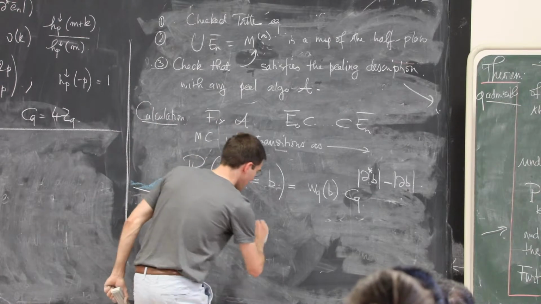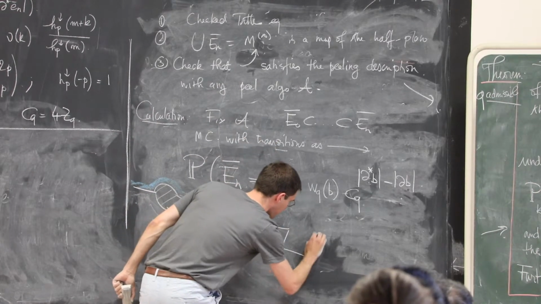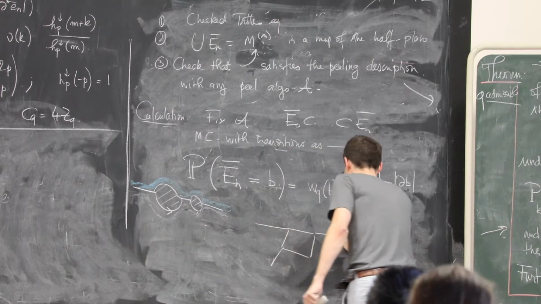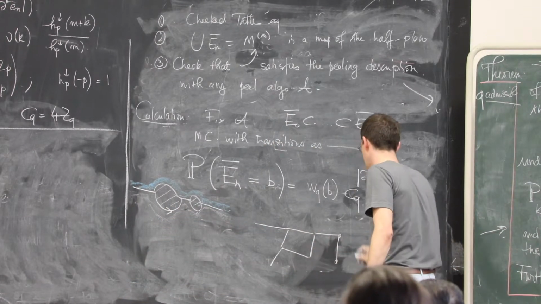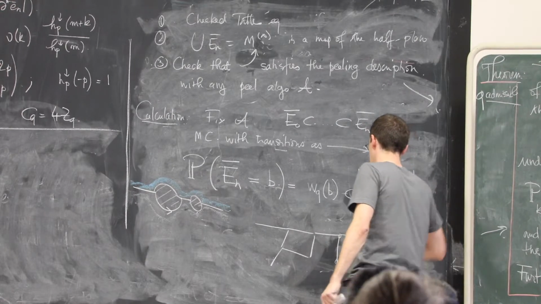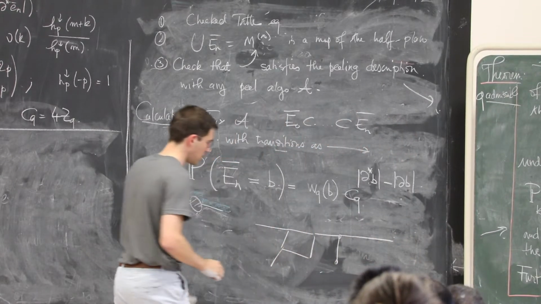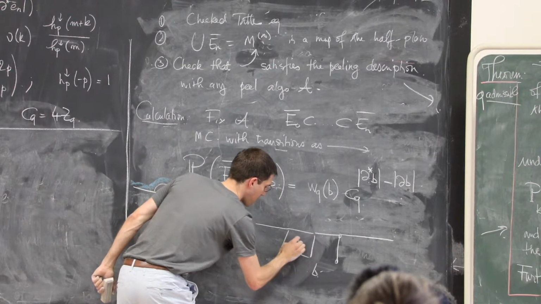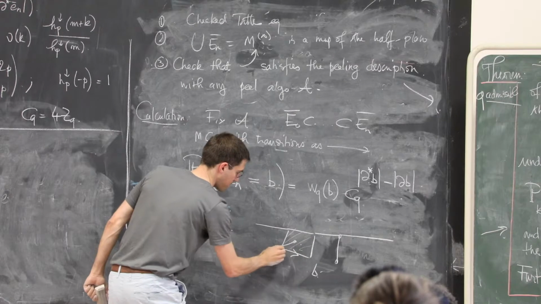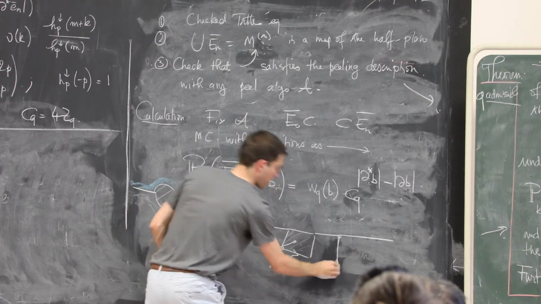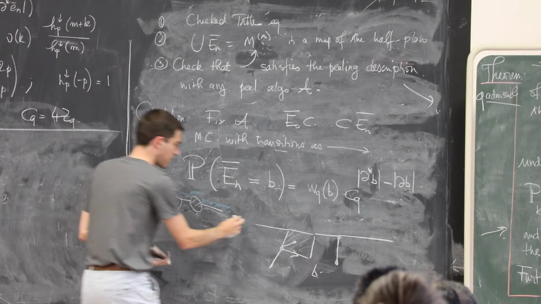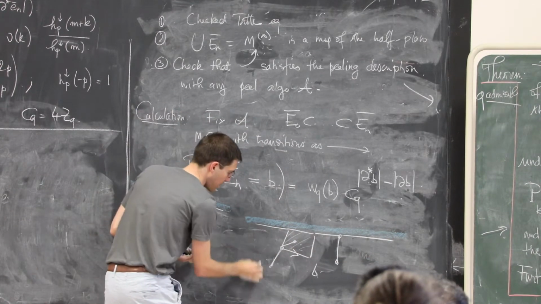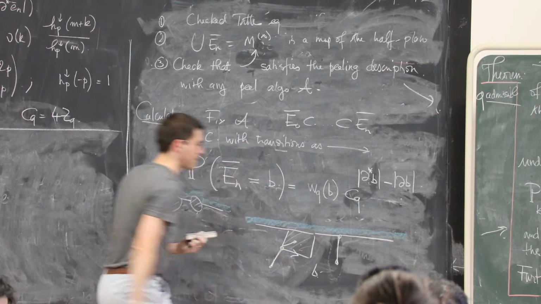You can see that. So let me give you an example. That's my map B. That's the boundary of the hole, and that's the boundary of the root face.